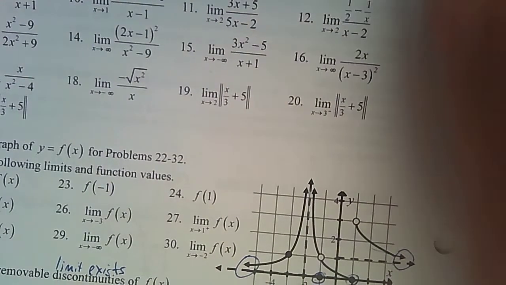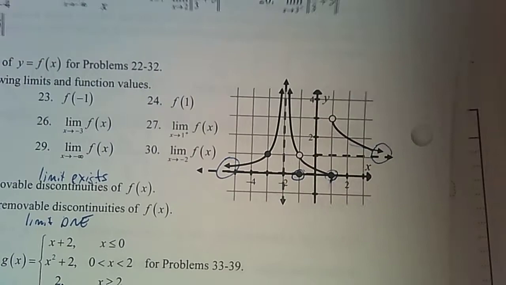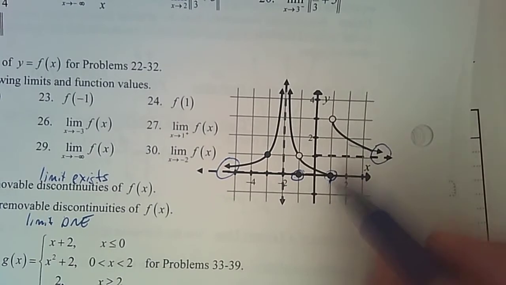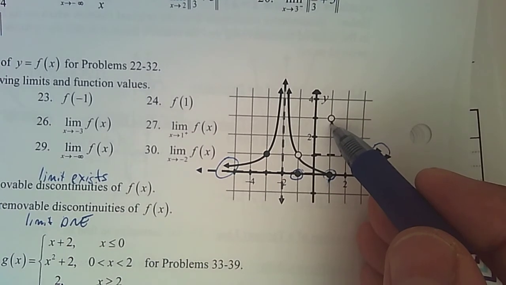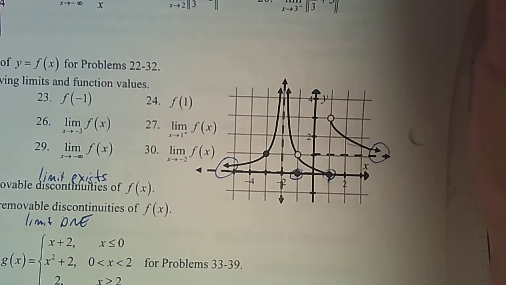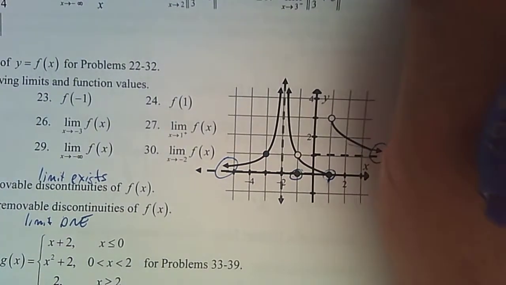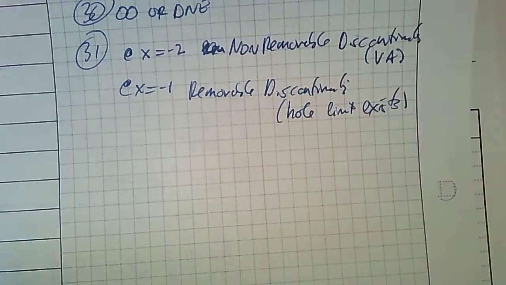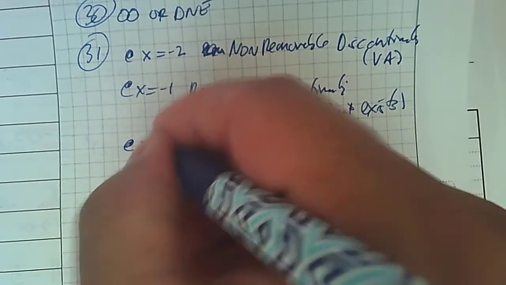Where else is there one? There's one more, and it's right here when x equals positive 1. Notice there's a hole, but does the limit exist here? No, the right and the left, because there's a jump, the limit doesn't exist. And because the limit does not exist, how do we classify that discontinuity?